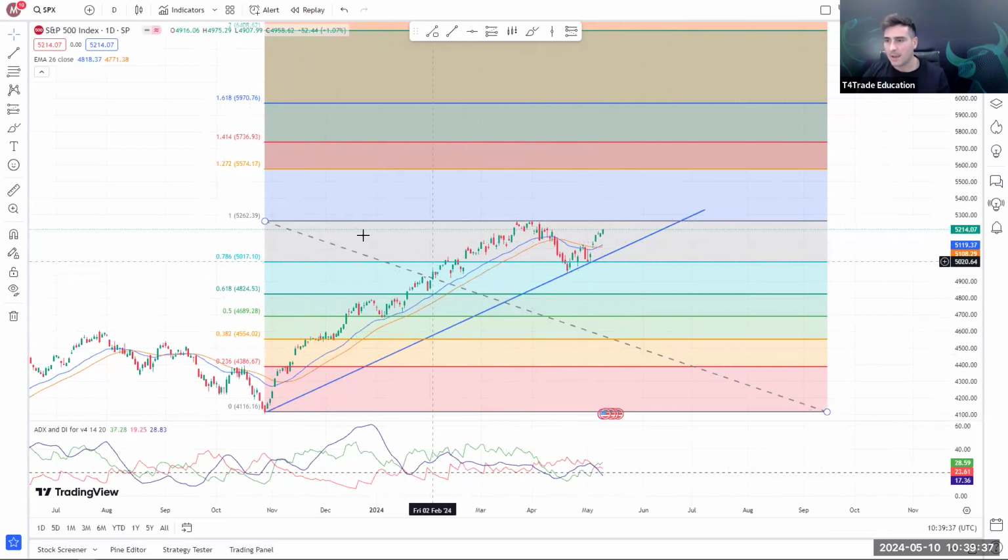We see S&P pulling back, but the retracement is not deep enough. It found support and rebounded from the 0.786, or 78.6% level, and did not even come down to the 61.8 or the 50.